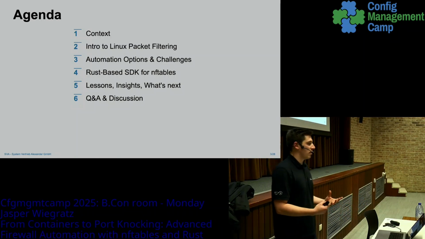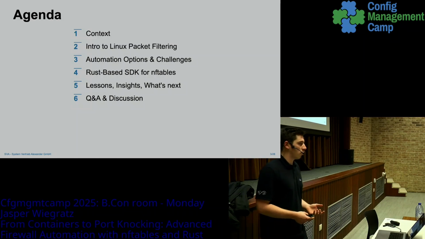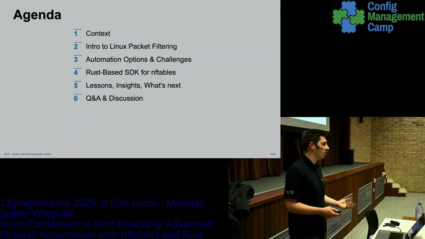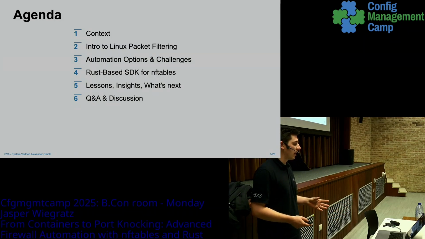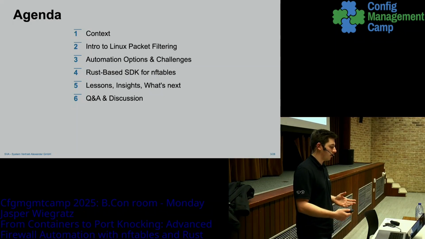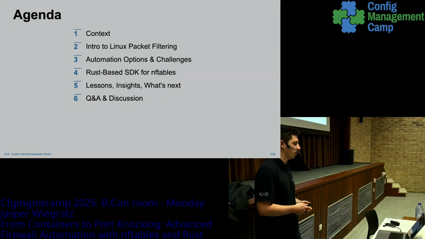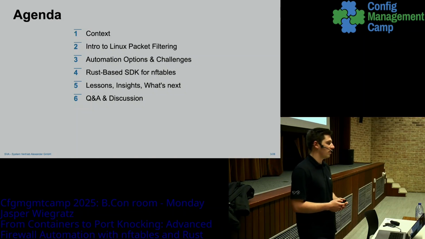Then how to automate that, with this example in Rust, but you could transfer this to any other programming language as well, and the challenges that I faced in automating nftables. I will show you the SDK that I created for nftables, and we look at all the lessons that I learned, and what would be next in this universe of using nftables. And then you may ask questions or leave for the get-together.